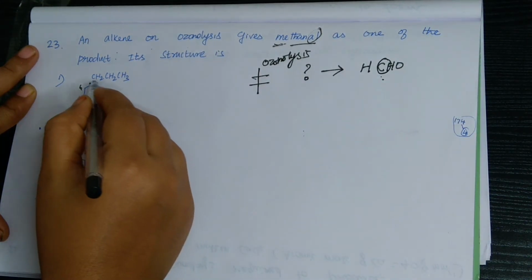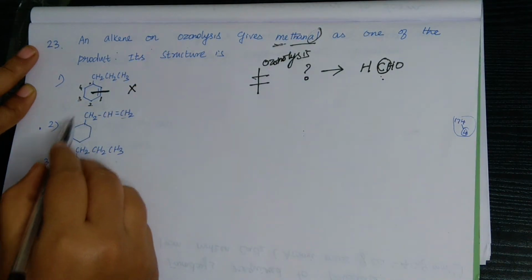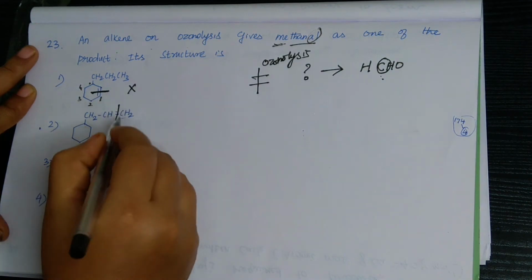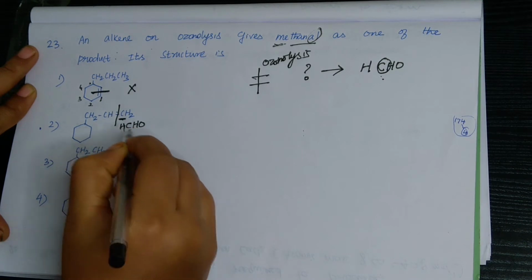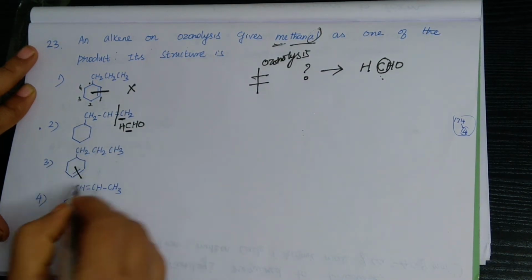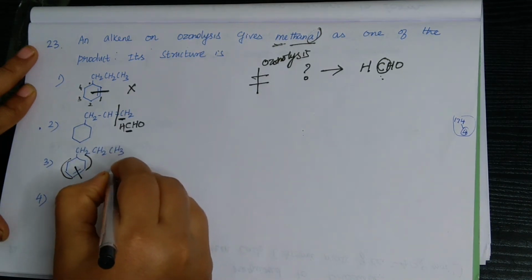Both the sides you have so many carbons. So this is ruled out. Then where is the double bond here? Here it is the double bond. When we are breaking the double bond, here you have only one carbon. The final product will be with one carbon. In this case also, if you break a double bond here, here also so many carbons, and this is ruled out.